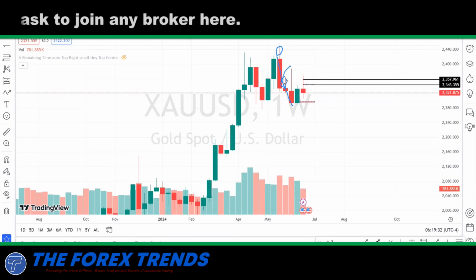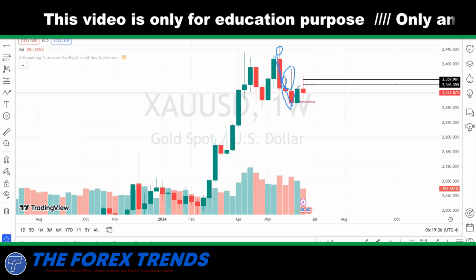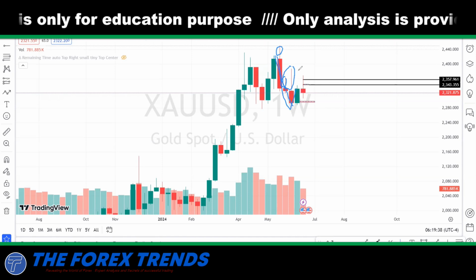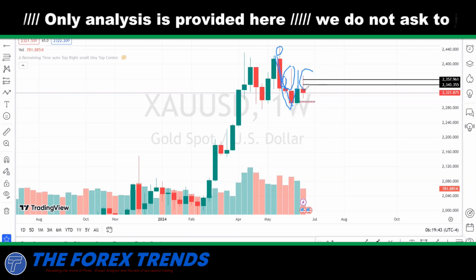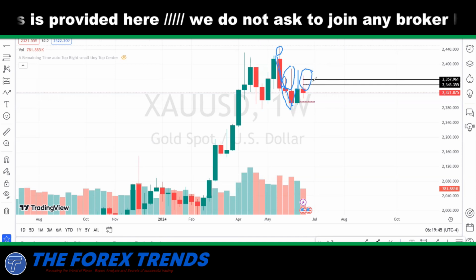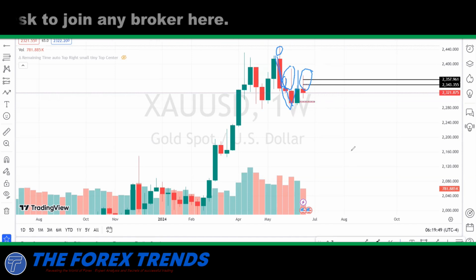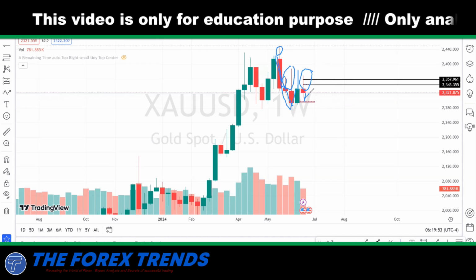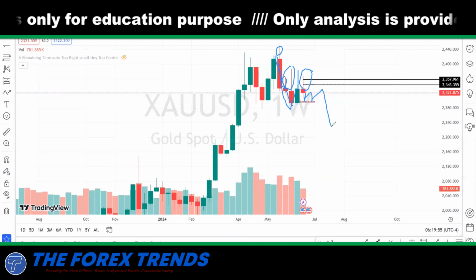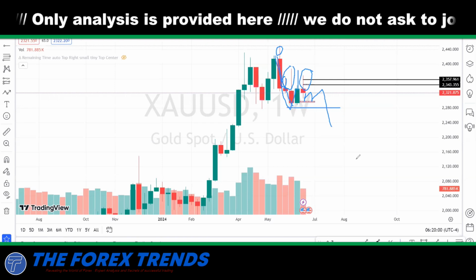This is a sign of weakness in the gold market. After this impulse, the market has created a correction, and this is the correction candle. After that, we see a good selling candle with an upper spike. So as per this weekly structure, we may see good selling. After ranging at this level, we may see a new lower low or new impulse below this support.